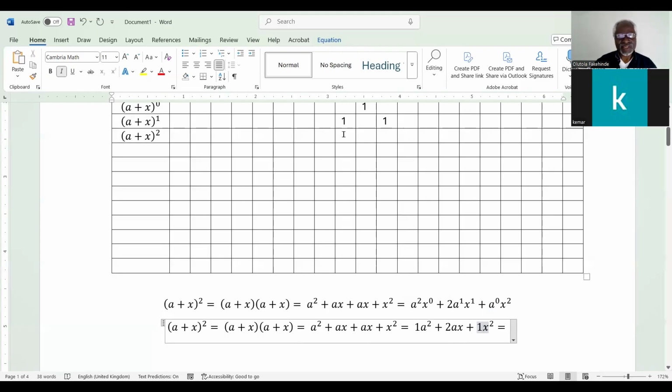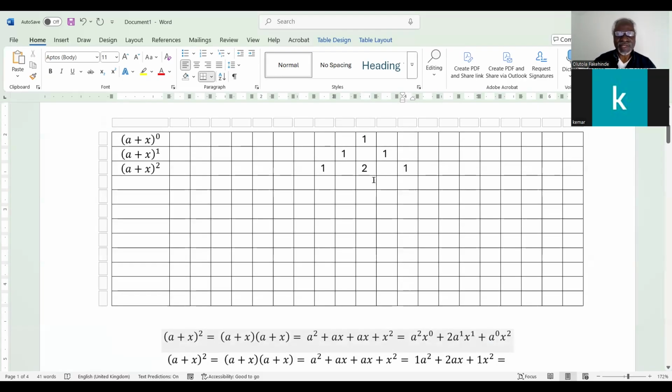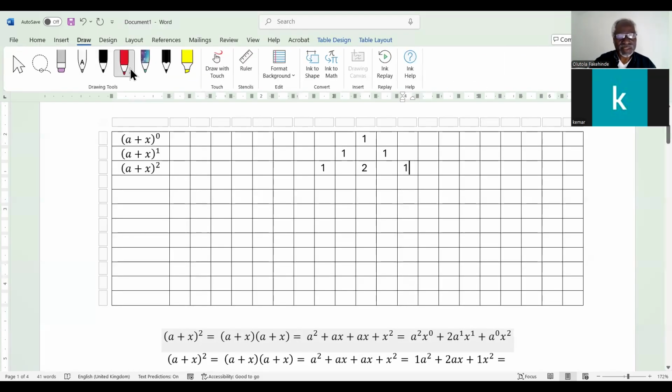Now, let's transfer it to the triangle. We now have here 1. Remember this first one here, that's 1. And then the next one is 2. And then the next one is 1. So you can see that, but look at the triangle, how do we form it? We see that is addition of, let me use that.